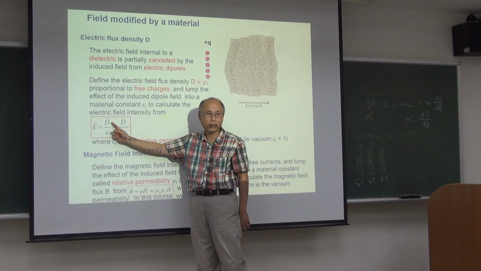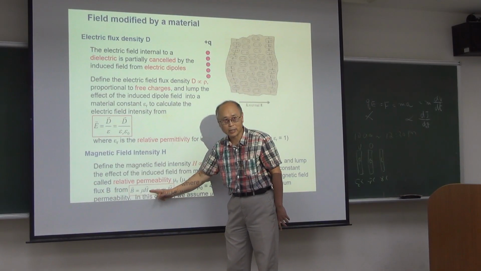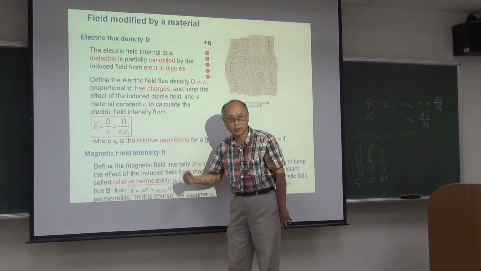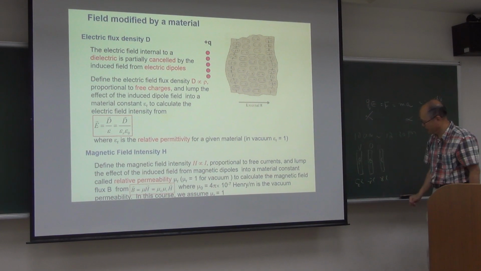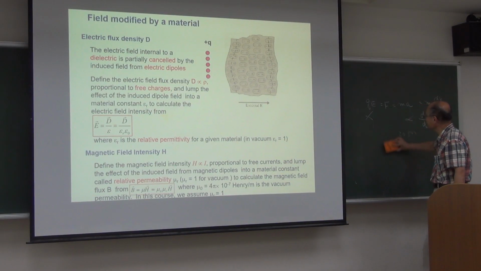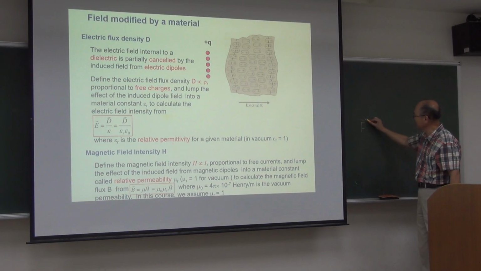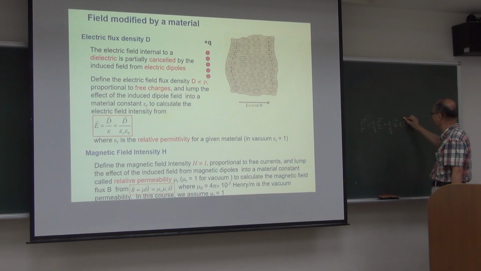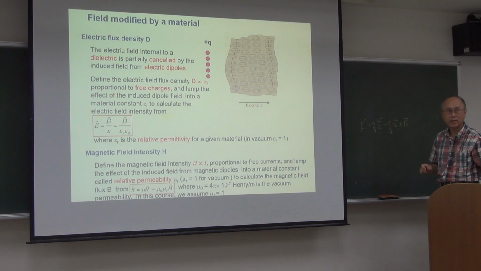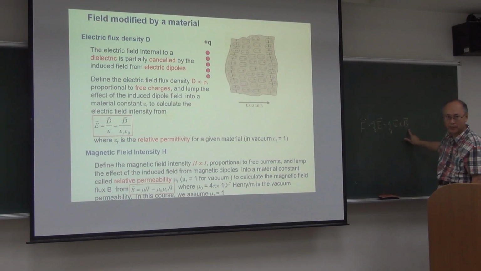Okay. And D is created to be proportional to the charge. H is created to be proportional to the current. So you see the symmetry in this discussion. Okay. In nature, what human beings experience is electric field and magnetic flux density.